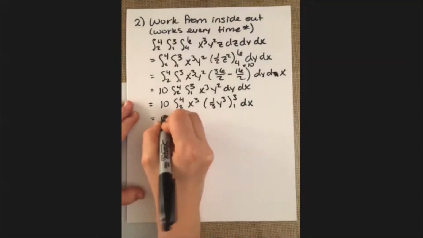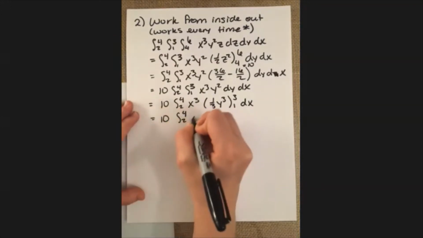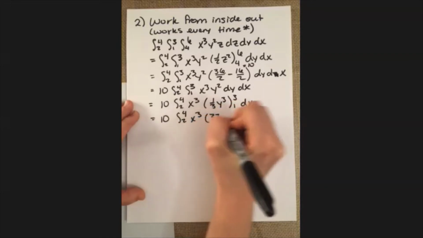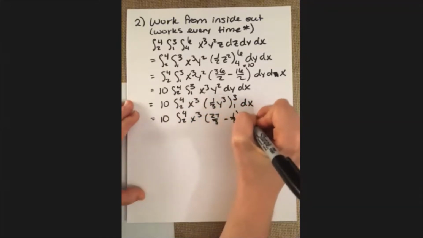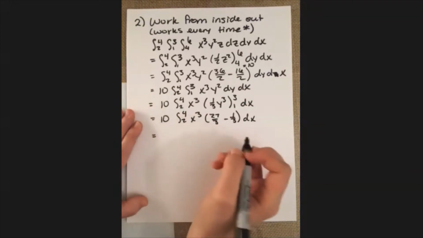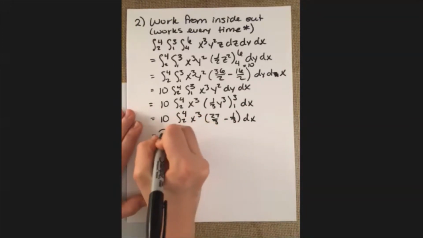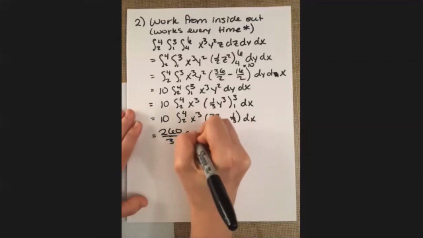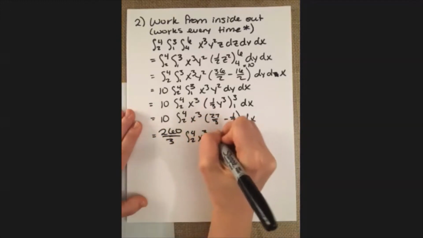So that's going to be 10 times the integral from 2 to 4 of x cubed. Evaluating this right here, we get 27 over 3 minus 1/3 dx. And that simplifies down to 260 over 3 out here in the front, integral from 2 to 4 of x cubed dx.